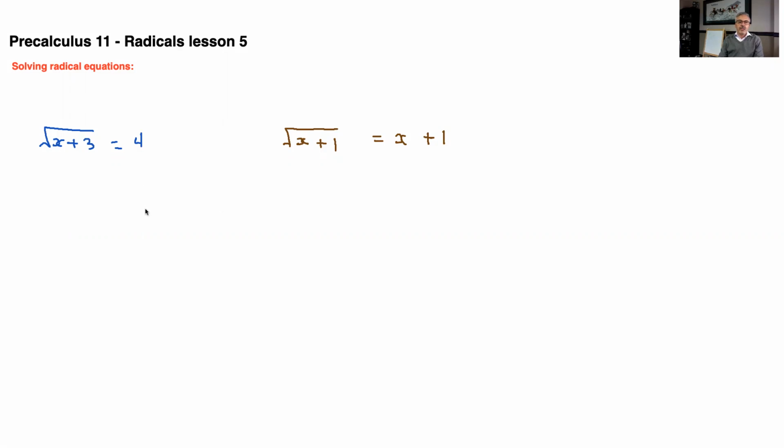Solving radical equations. So if we have a radical equation like this equaling 4, and we want to solve it, what we need to do is basically square both sides.